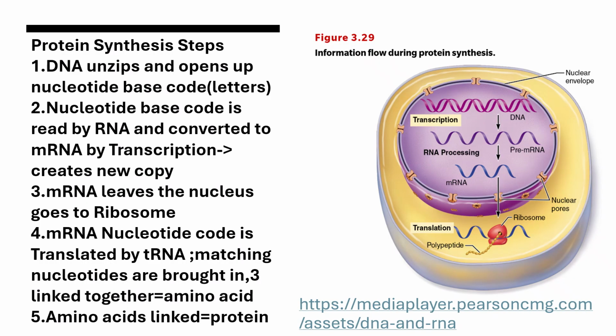That messenger RNA leaves the nucleus and goes to the ribosomes. The messenger RNA nucleotide code is translated by transfer RNA. Matching nucleotides are brought in, 3 linked together make an amino acid. The amino acids linked together make a protein.